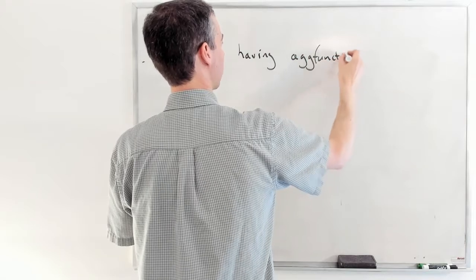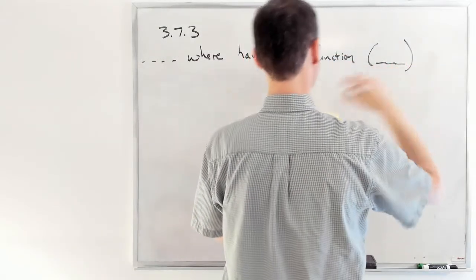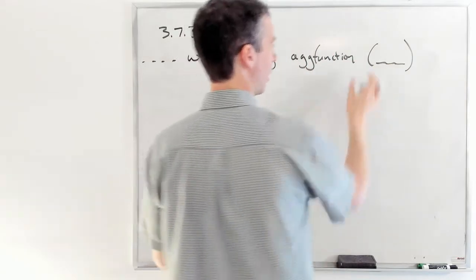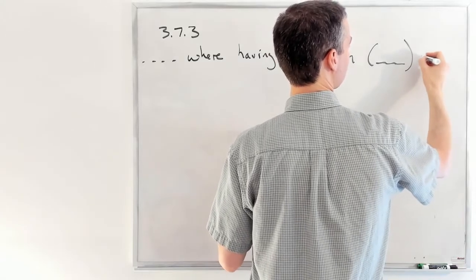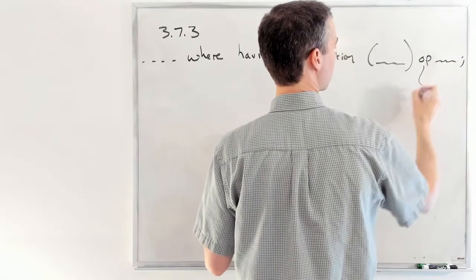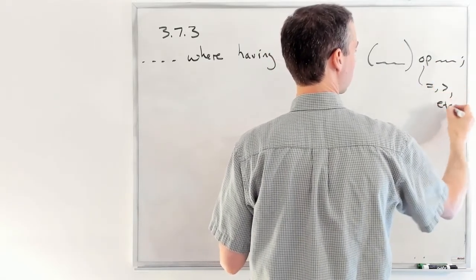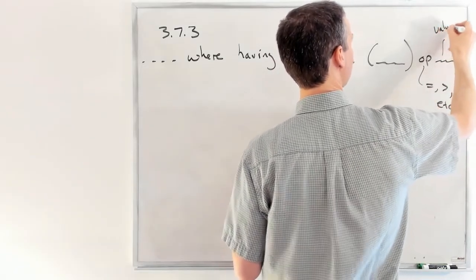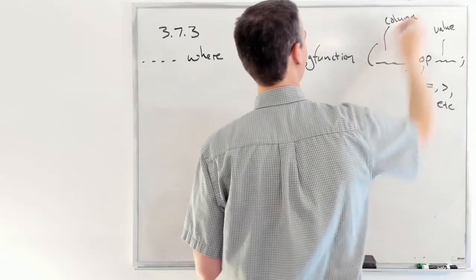So you can have some aggregate function, and then some sort of operator, things like equals, greater than, etc. This is some value that you have in here. This is your column.